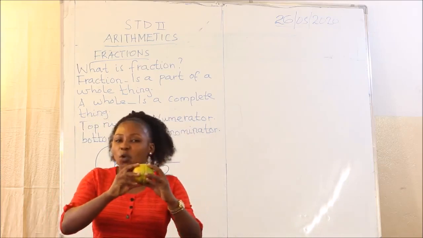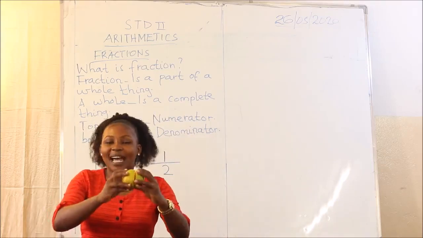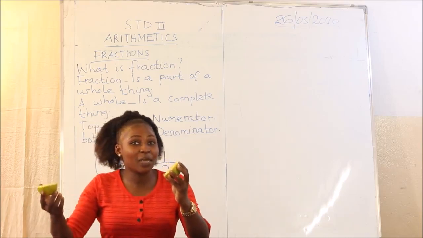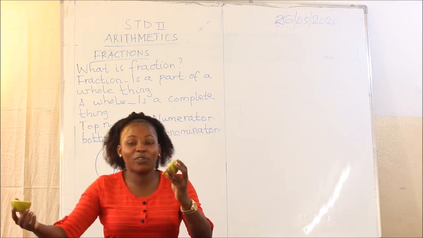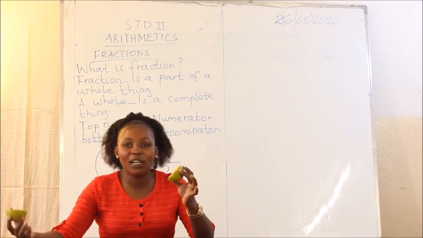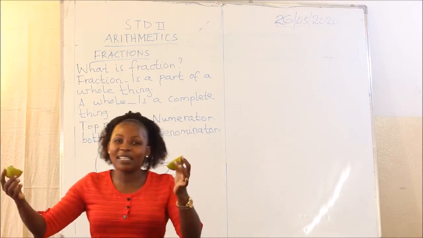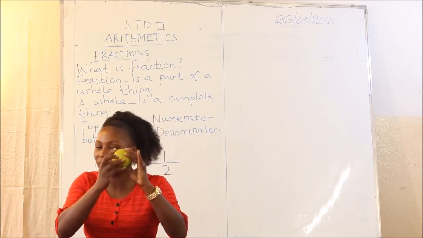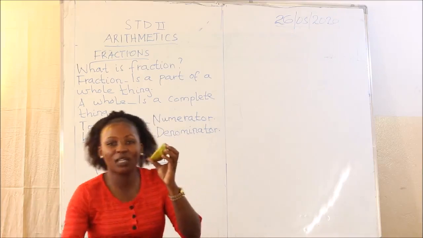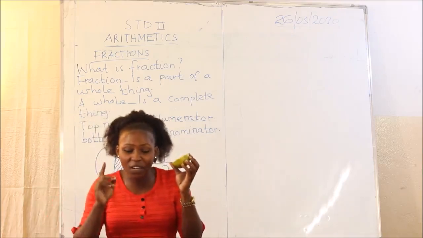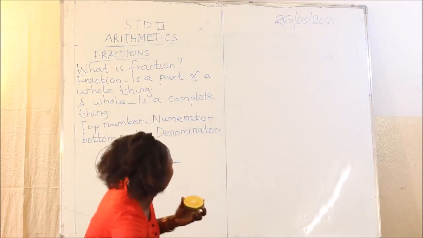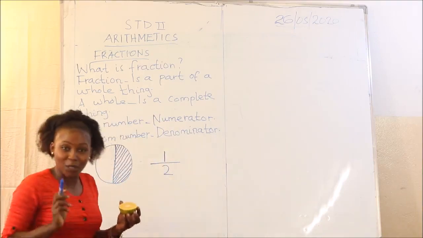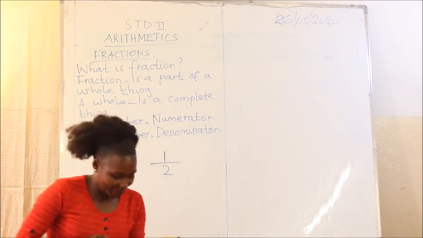Out of these 2, what if I decide to take one piece and give it to my good friend? If someone asks me what is the fraction of the part I removed from a whole, it is about 1. Remember that before I had 2 equal pieces of an orange. So this one I have to give my friend here. So the fraction of the given parts is what's shaded here. It means that the part is no longer there. Are we together? Hope so.